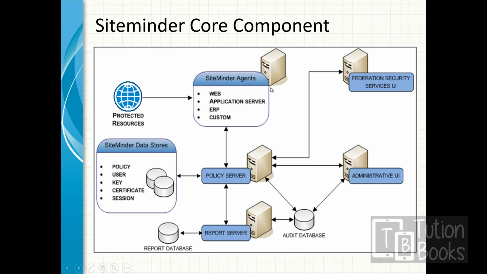Then it comes to my web server, where exactly the request will come first and land. From there my web agent will come into picture and will interrupt all the requests and pass the request to my policy server, to check for the authentication and authorization process.